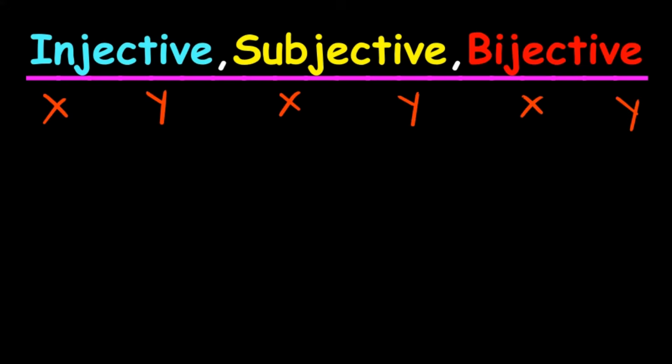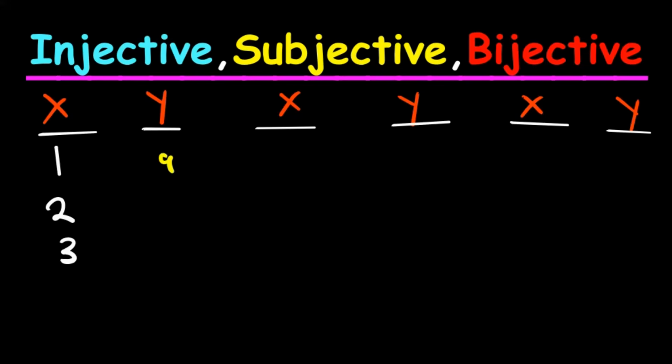Now for the injective, if I've got, let's say 1, 2, and 3, then let's say we've got the outputs as A, B, C, and D. So injective, this is just going to map like that, and like that.